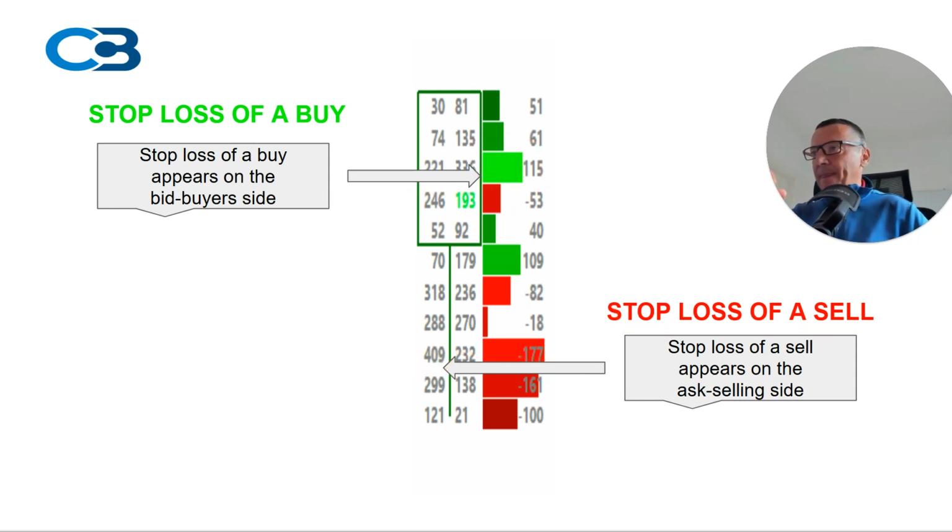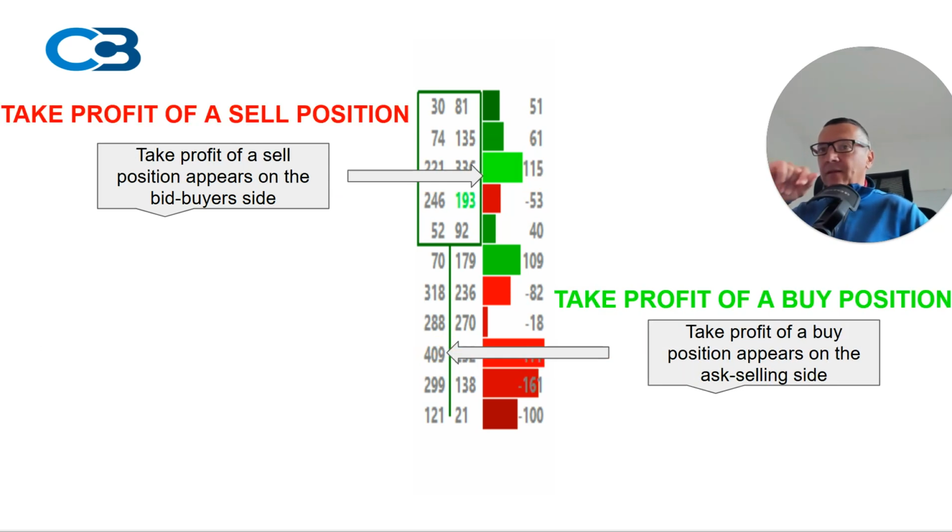Okay, take profit of a sell position appears on the buy side. Take profit of a buy position appears on the ask, the sell side.